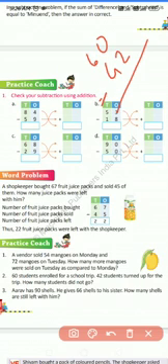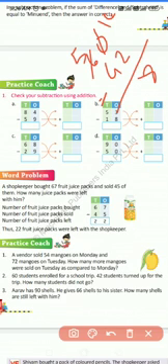And the remaining students are those who did not go. So 0, we can't subtract 2 from 0. The 0 is converted into 10. And this 6 minus 1 is equal to 5. 10 minus 2 is equal to 8.